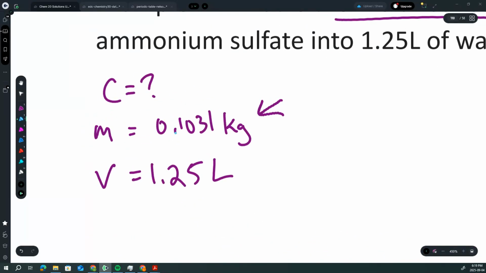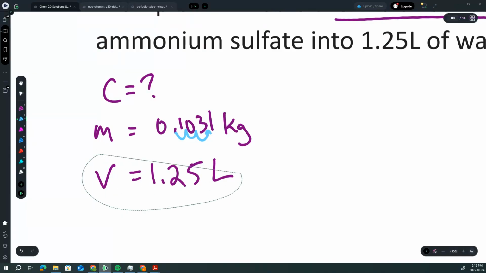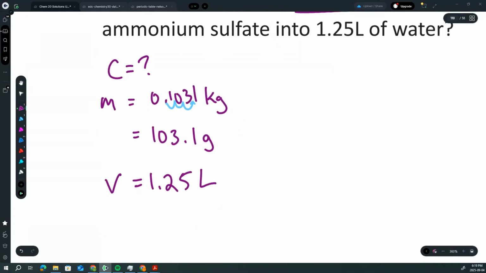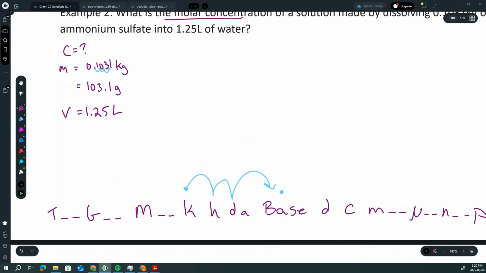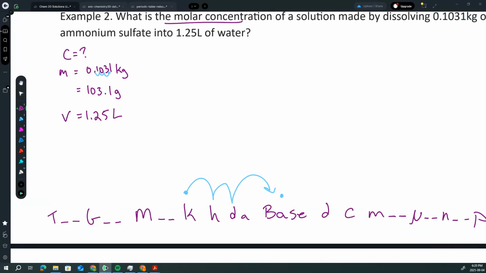So that's going to be 103.1 grams. Alternatively, what you could do that would give you the same result is memorize that you just multiply kilograms by 1,000 to get to grams.